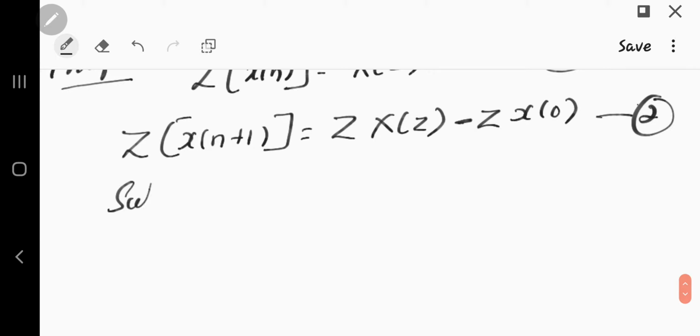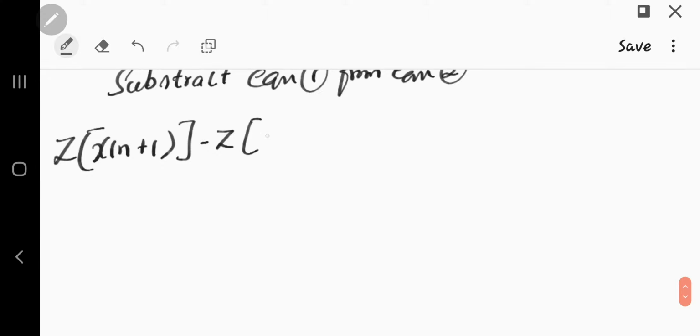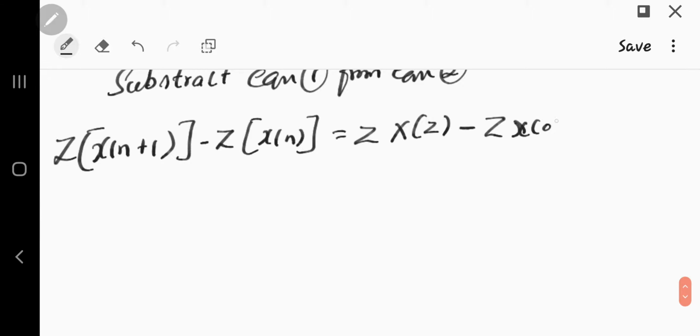Okay. Now subtract equation 1 from equation 2. So what you get: the Z transform of x of n plus 1 minus the Z transform of x of n is equal to z into X of z minus z times x of 0 minus X of z.